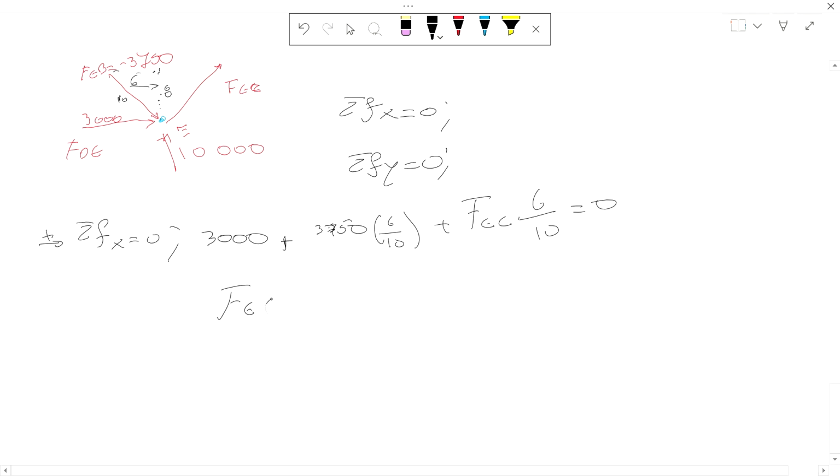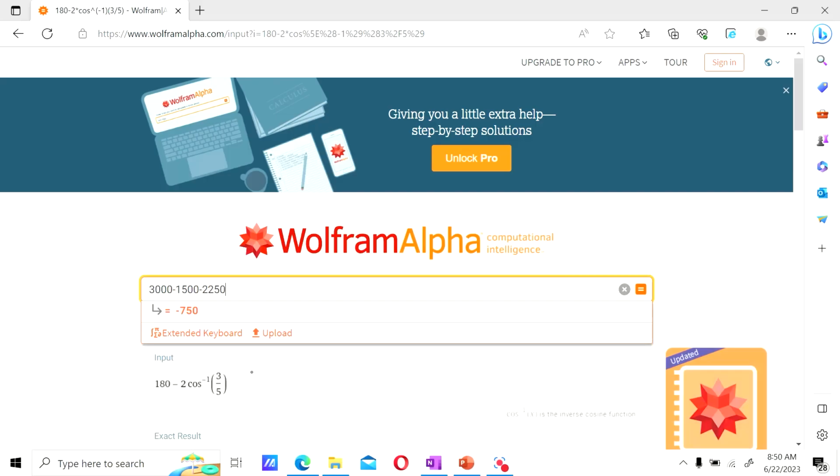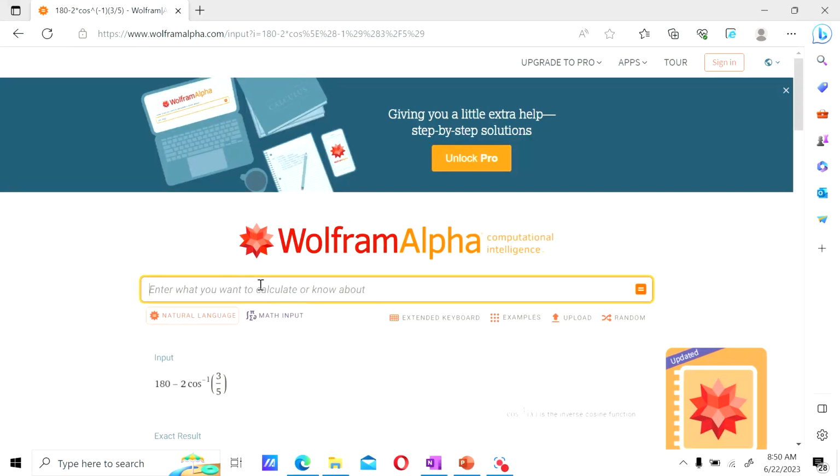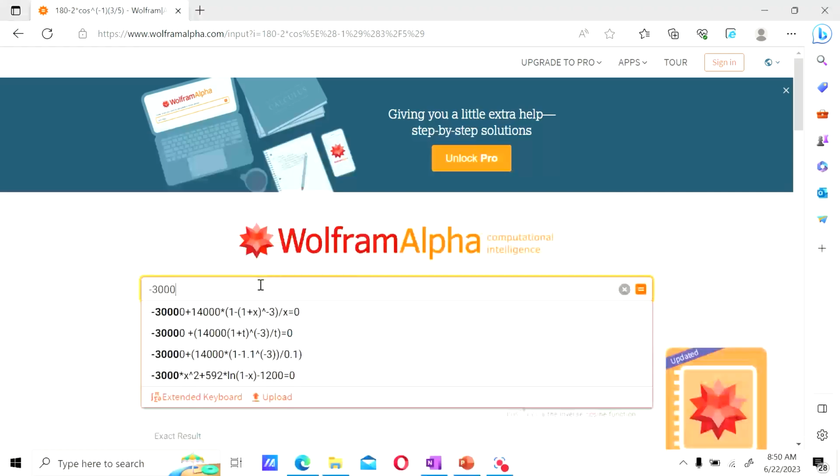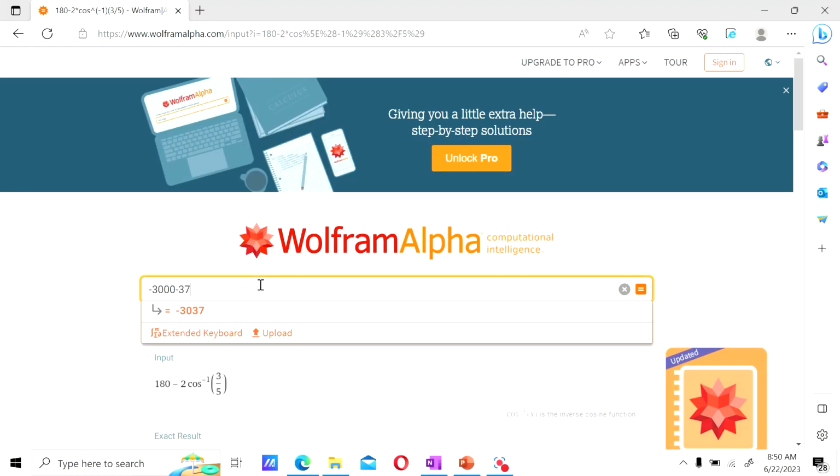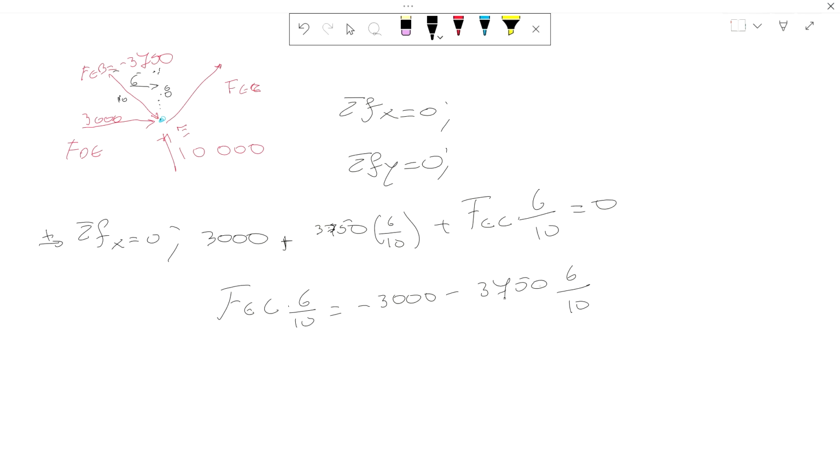So FE to C times 6 over 10 is equal to negative 3000 minus 3750 times 6 over 10. So that is negative 3000 minus 3750 times 6 divided by 10, negative 5250.